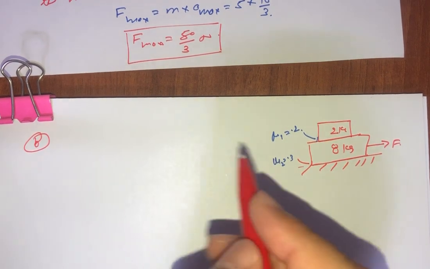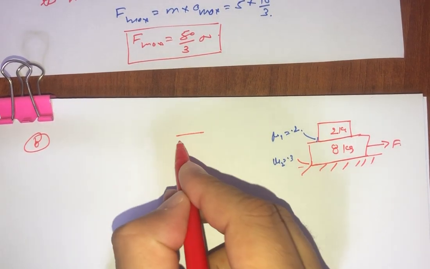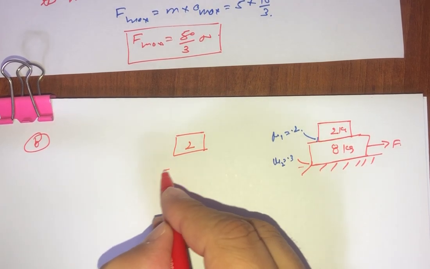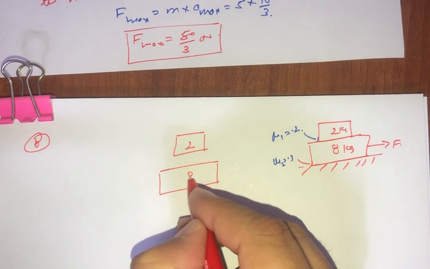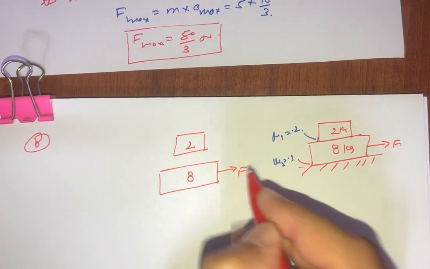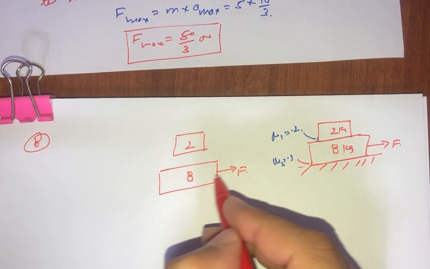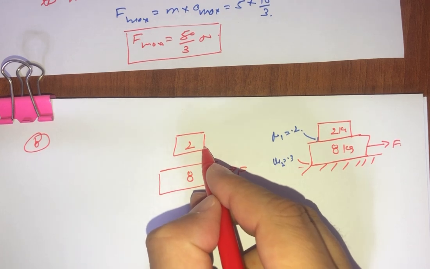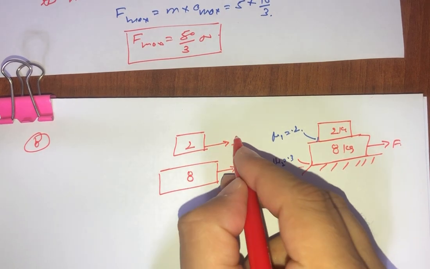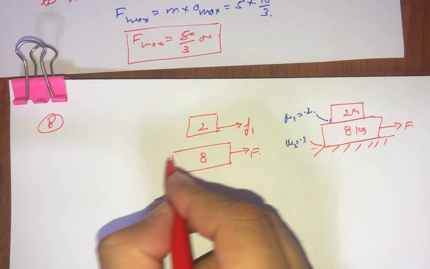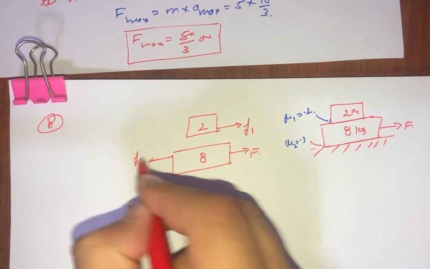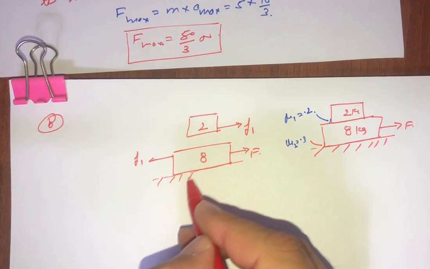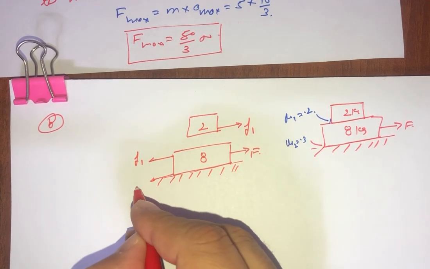Let us consider the 2 kg block. This is 2 kg, and this is our 8 kg, which is moving in the forward direction. So this force will try to move the two block in the forward direction. Let us suppose it is F1, and therefore there will be an opposite force of F1 on the 8 kg block, and there is a friction here also, and let us suppose that is given as F2.